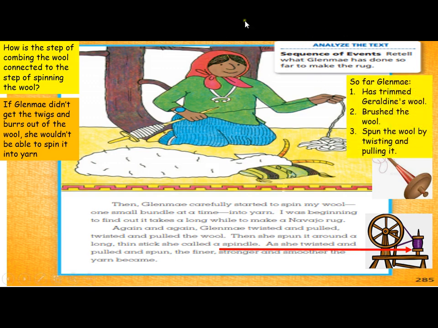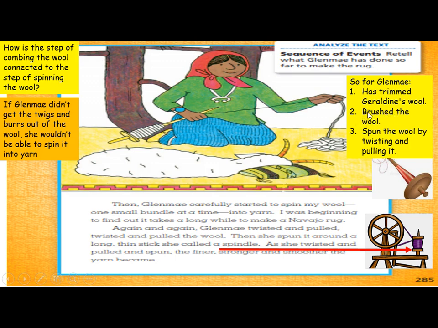So, sequence of events: retell what Glenmay has done so far to make the rug. So far, she has trimmed Geraldine's wool, brushed the wool, and spun the wool by twisting and pulling it. You need to memorize the steps of making a rug. First, you chop off the wool.